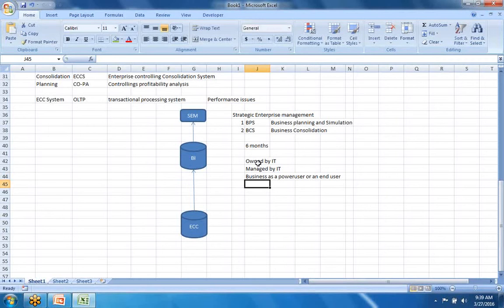So this posed a lot of problems for the business, and business wanted such a solution where it is owned by business, managed by business, and IT does technical support.